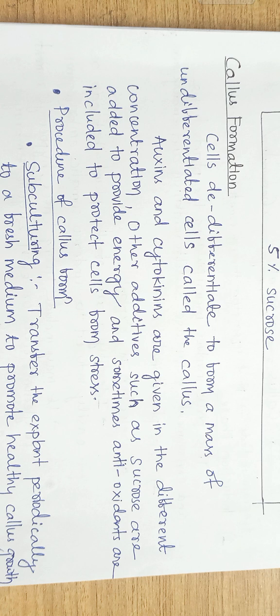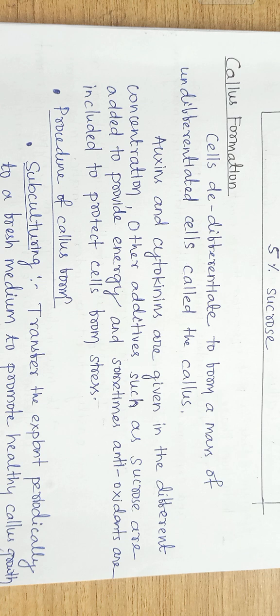Now what is callus? Callus is an undifferentiated mass of cells. That means cells de-differentiate. Now, what is the difference between de-differentiation and re-differentiation? De-differentiation means a specialized part of a plant gets converted into a generalized part.